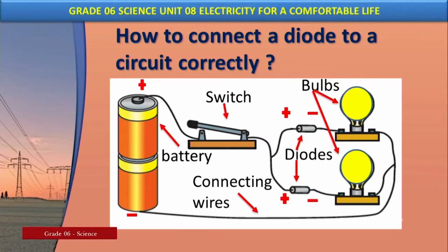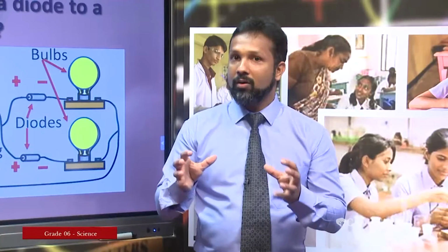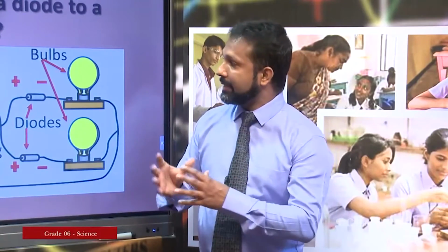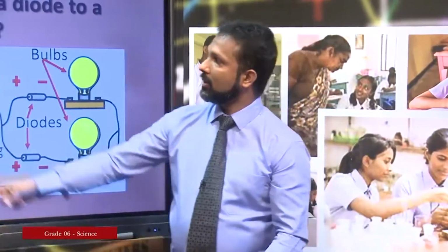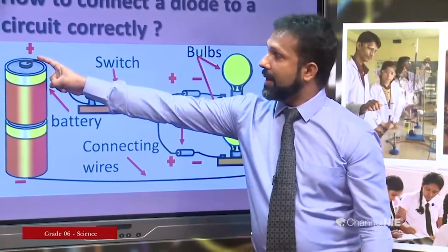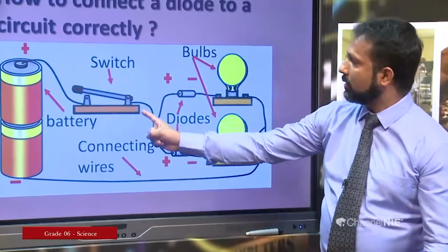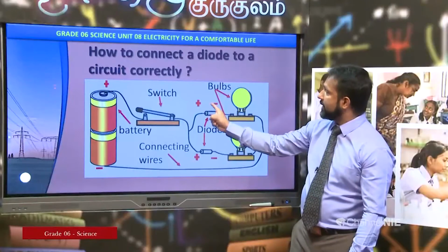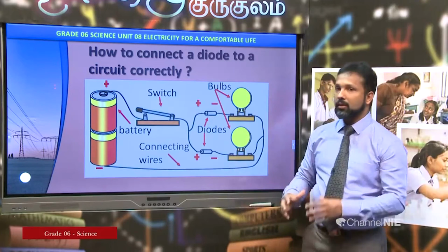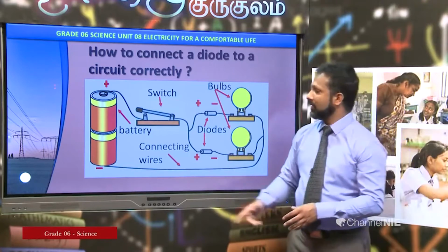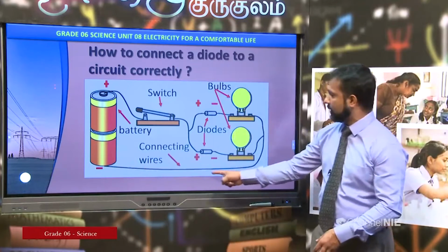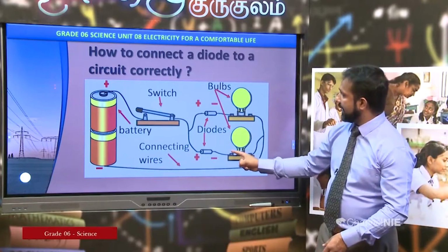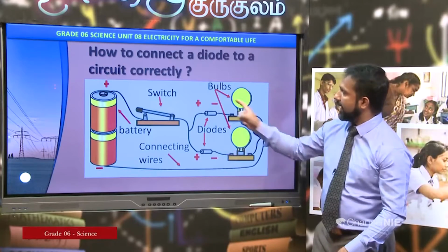My dear children, please draw your attention. How can I connect these appliances in the circuit? Here, the positive terminal of the battery is connected to the positive side of the diode. Similarly, the negative terminal of the battery is connected to the negative terminal of the diode.